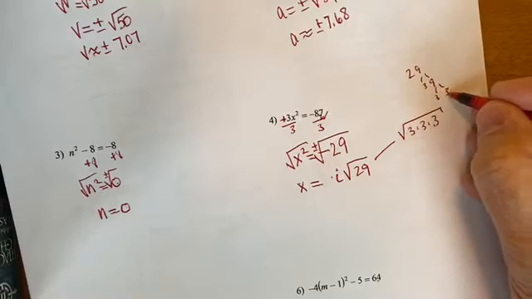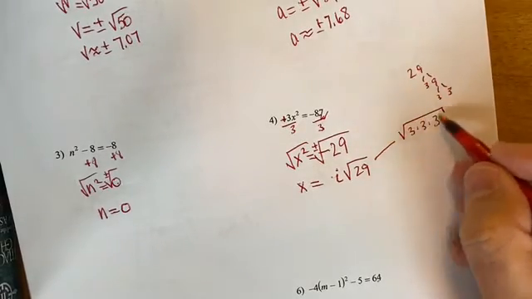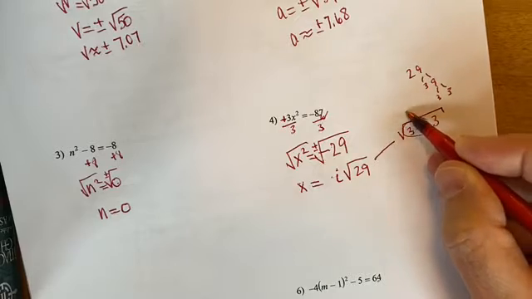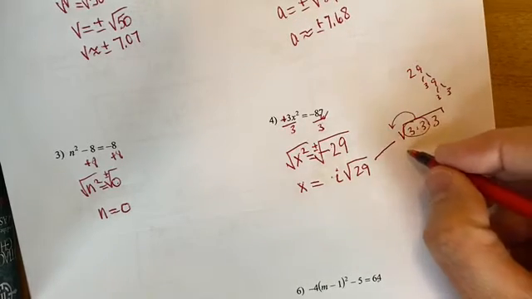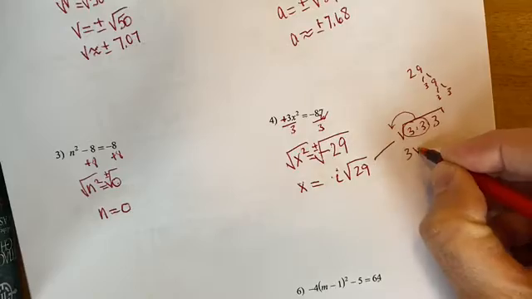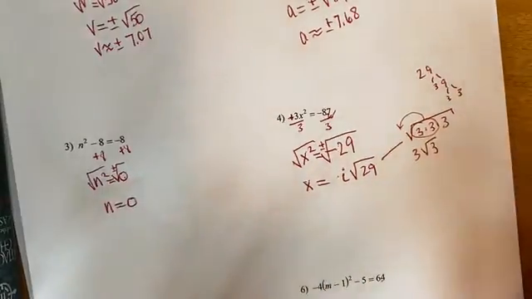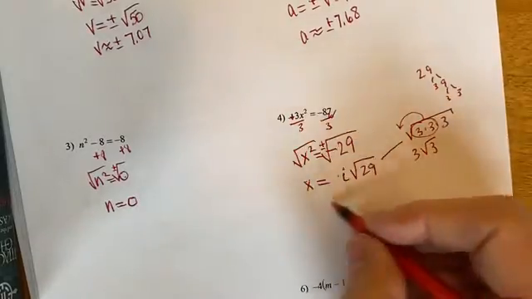See, 1, 2, 3. And then when you're simplifying square roots, every 2 that are the same, 1 comes out. So the square root of 27 is 3 times the square root of 3. And we could do that, but you don't have to. This is a fine answer.